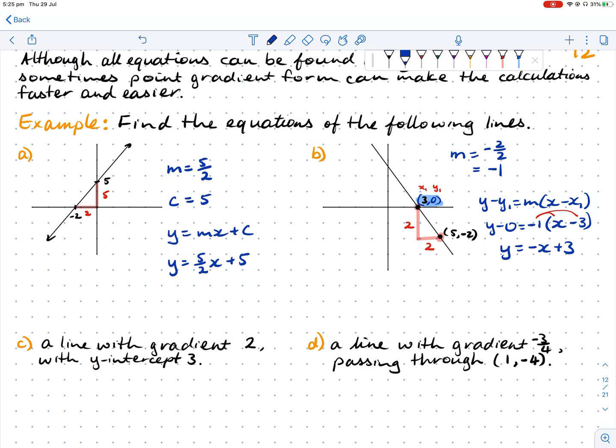So what you find is when we're using the point gradient formula, we don't need to do as much solving or substituting. Basically, once we've put the point and the gradient into the formula, all we need to do is rearrange the formula to make things work. So it's a much easier way compared to using the gradient intercept form if we don't have the y-intercept.